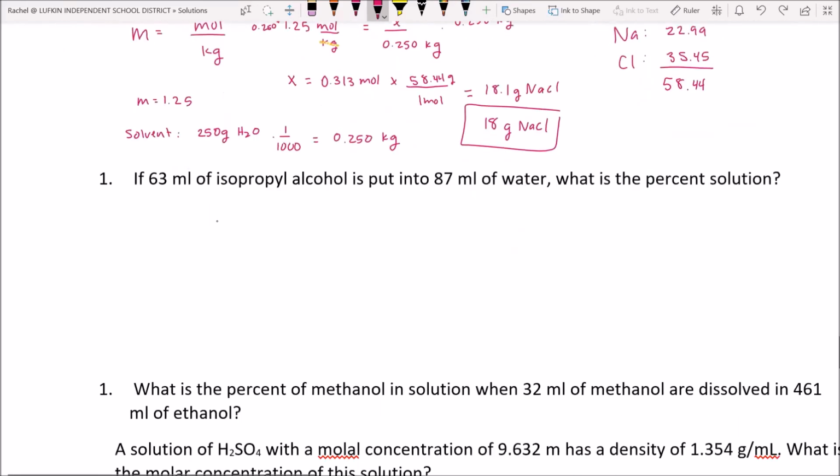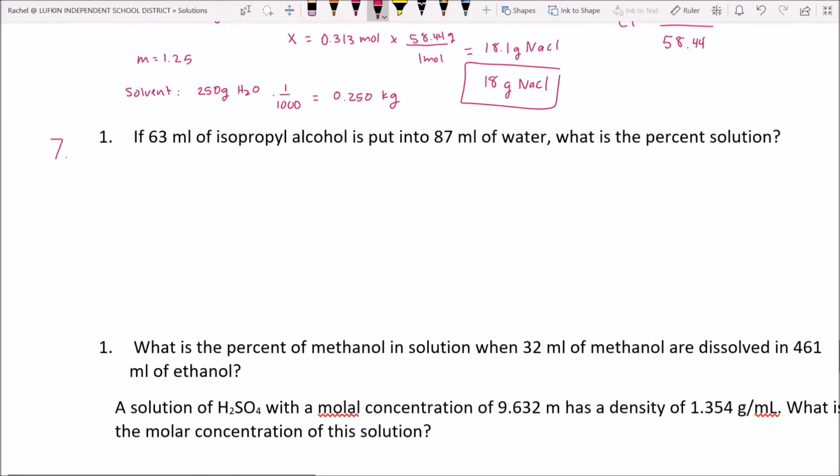Okay, let's look at this next one, which is apparently number 7. So what type of problem is this? Okay, percent solution. So that is part divided by whole times 100%. So what is our part here? 63. And our whole is actually not just going to be 87, right? It's going to be 87 plus 63 because it says 63 mils is put into. So if it said for a total volume or the entire solution or the solution, that's fine, but it doesn't say that.